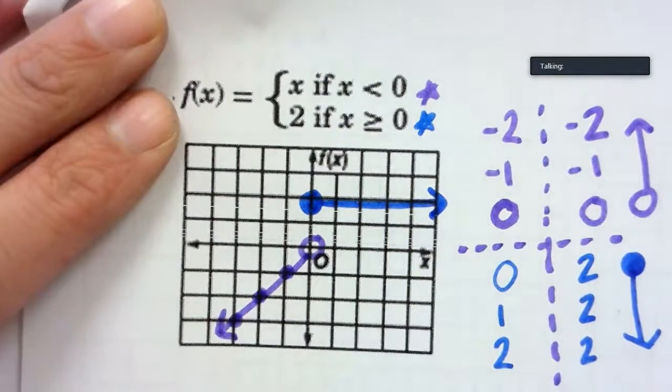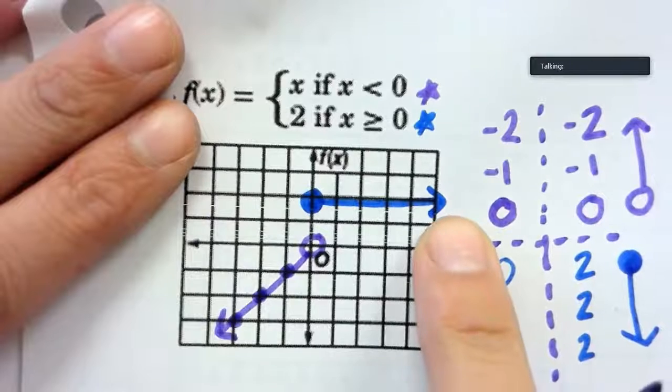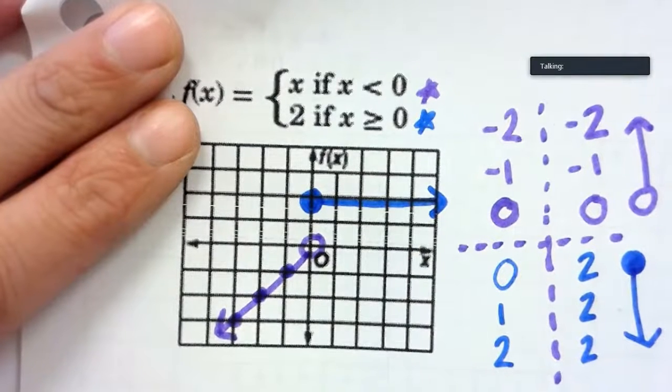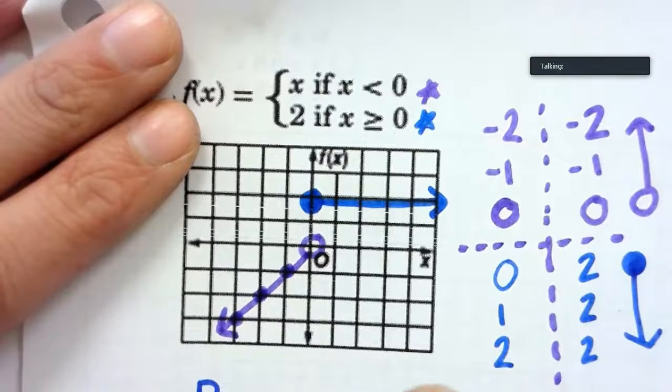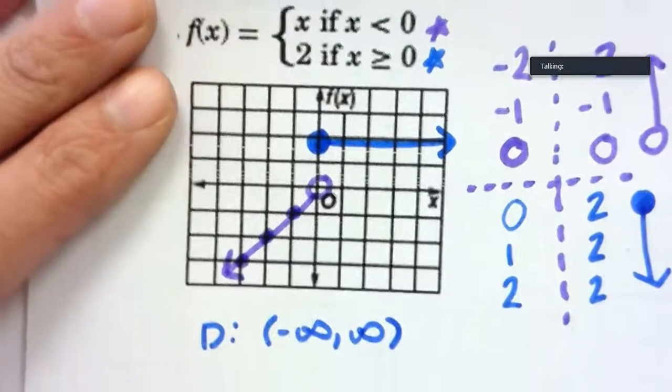So I have a horizontal line going toward infinity on x at 2 for y. My domain is all reals. Yes.